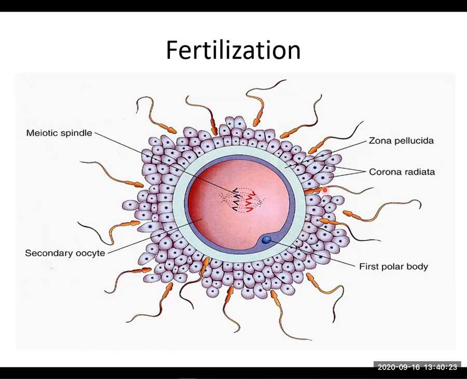The fertilization will continue this metaphase to become anaphase. So you can see the spindle apparatus pulling these two groups of chromatids away from each other. This group, which seems to be closer, will merge with the DNA from the sperm and form a new cell.